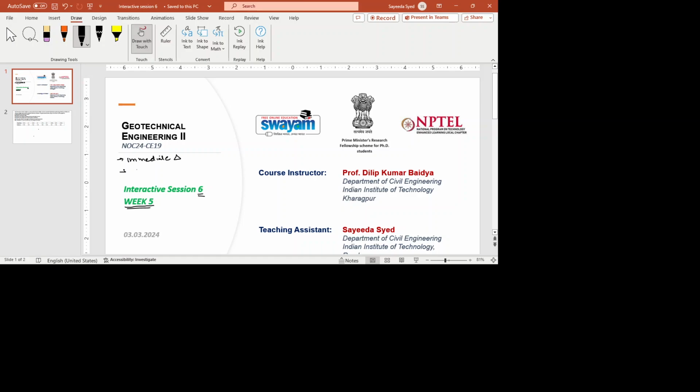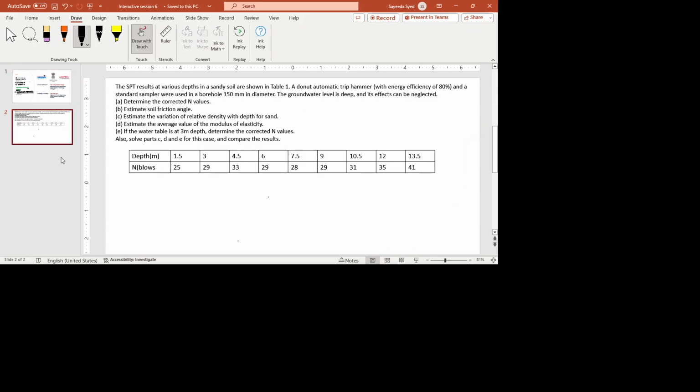For week 5, you have covered geotechnical exploration methods, and we will be dwelling on some aspects of these, more particularly the standard penetration test.